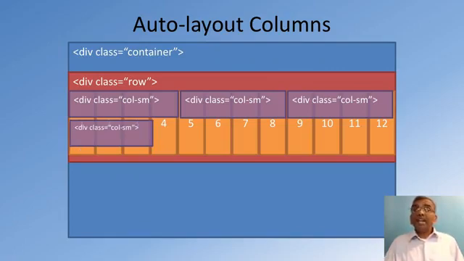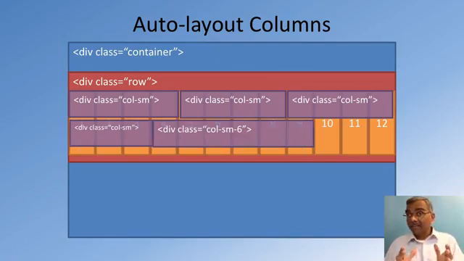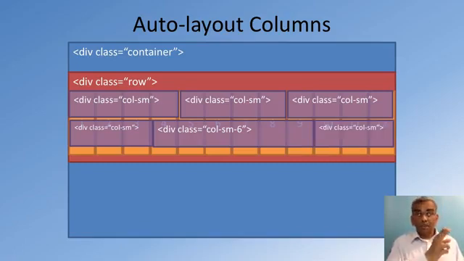Now, we can explicitly specify the number of columns a particular piece of content occupies. So for example, suppose I specify 3 column classes, but for the middle one I specify col-sm-6. Then when Bootstrap does the layout, the middle one will occupy 6 columns, and the left and the right pieces of content will occupy whatever is left over.